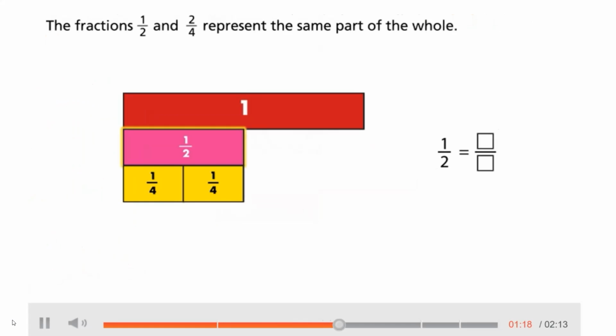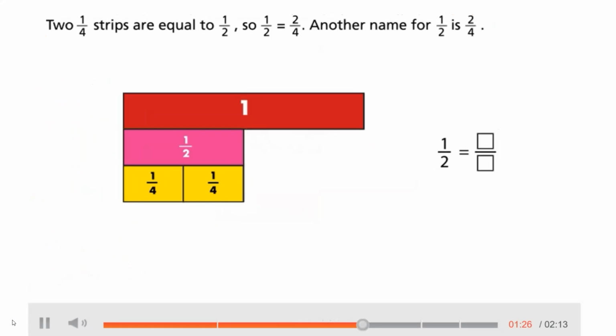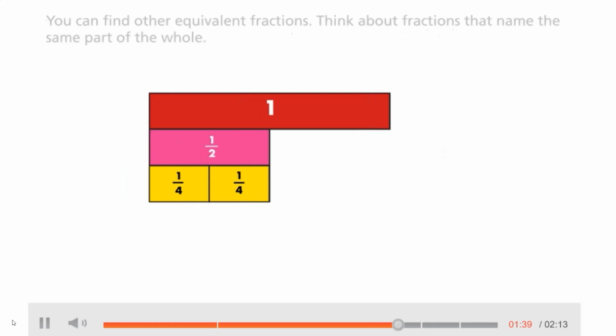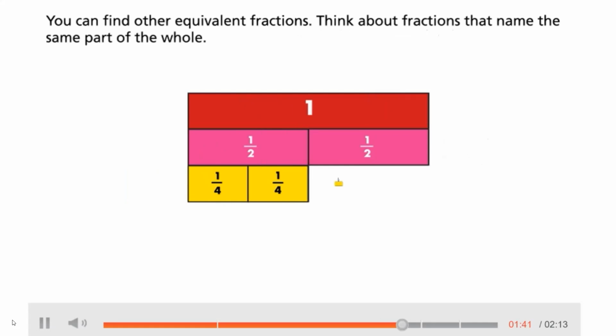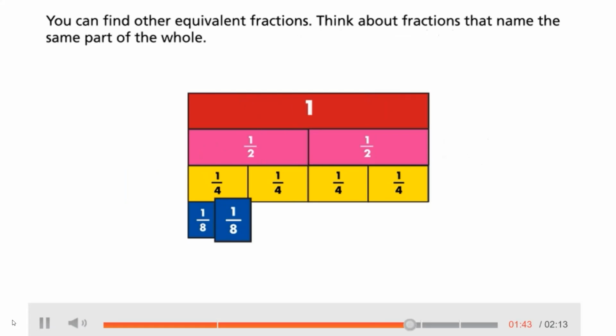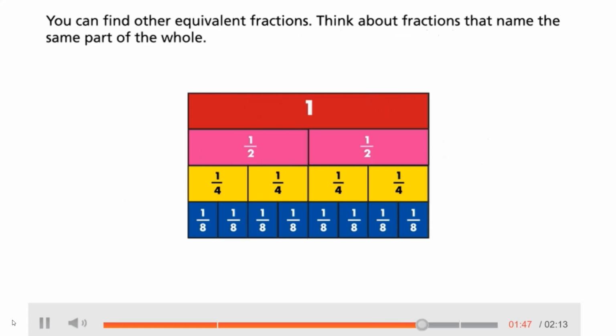The fractions 1/2 and 2/4 represent the same part of the whole. Two 1/4 strips are equal to 1/2, so 1/2 equals 2/4. Another name for 1/2 is 2/4. You can find other equivalent fractions. Think about fractions that name the same part of the whole.